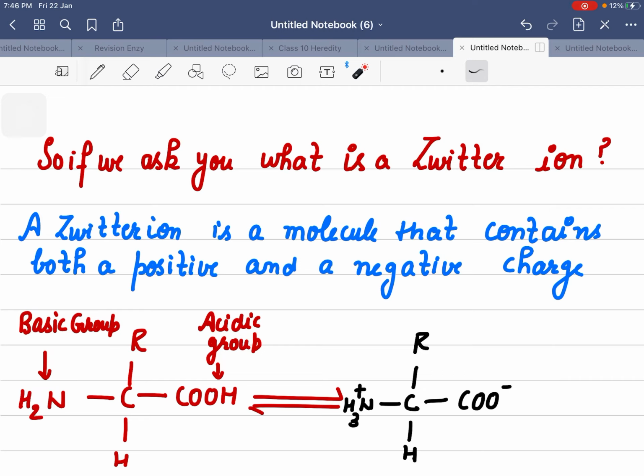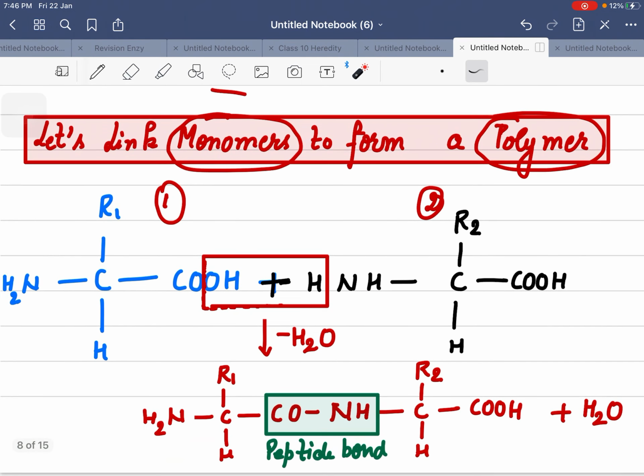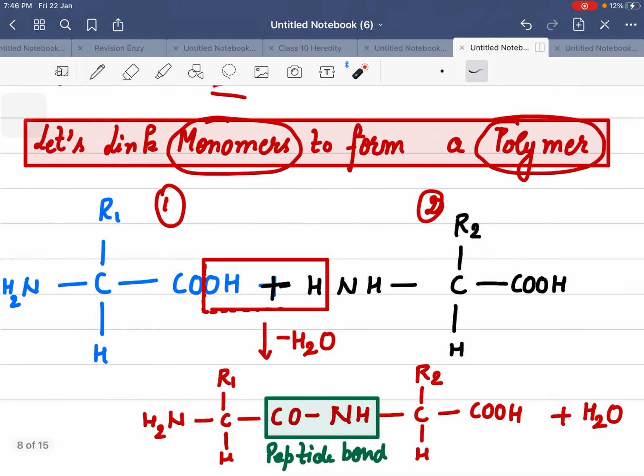When you dissolve an amino acid in aqueous solution at a pH, it shows an ionizable structure with one positive and one negative charged group, known as the Zwitterionic structure, right?